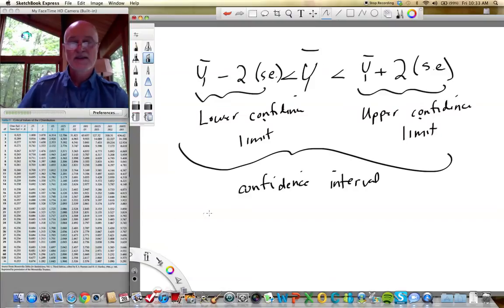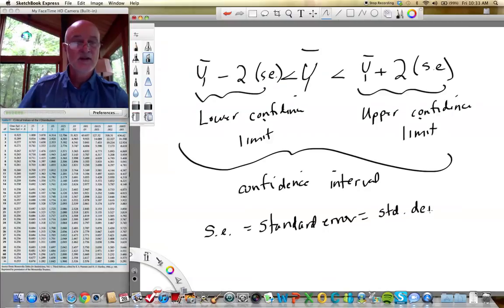So what is SE? Remember, SE is the standard error, which is the standard deviation of the mean. Not the standard deviation of the distribution, but the standard deviation of the mean.